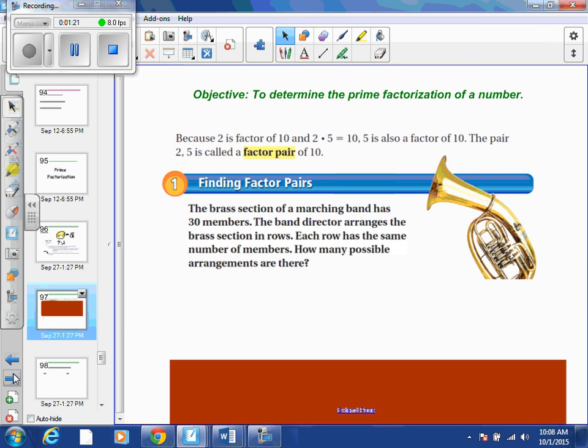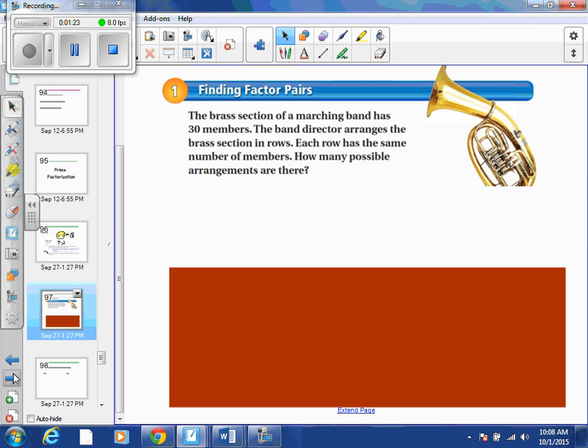We can use factor pairs for a lot of daily life stuff. This is not just something you use in math class, or if you have a job in math. Let's say Miss Ritchie is trying to organize her marching band, and she has 30 members in the brass section: trumpets, French horns, baritones, tubas, trombones, etc. She wants to organize them in rows, like a marching band walking down the street in even rows.